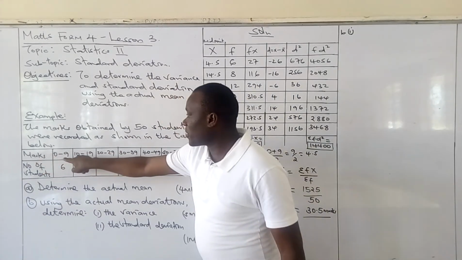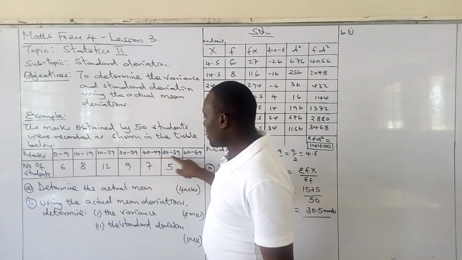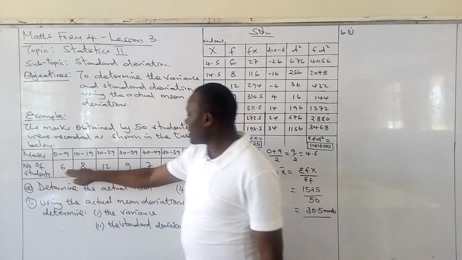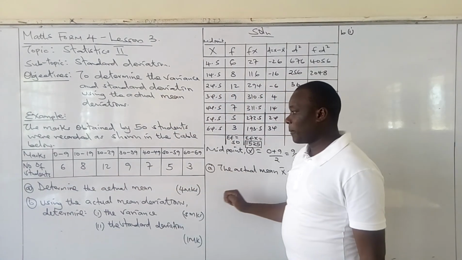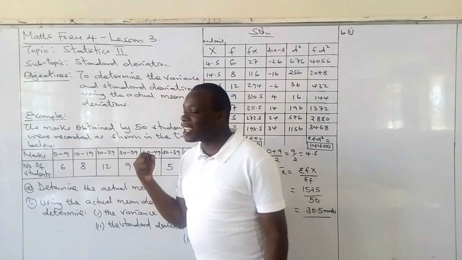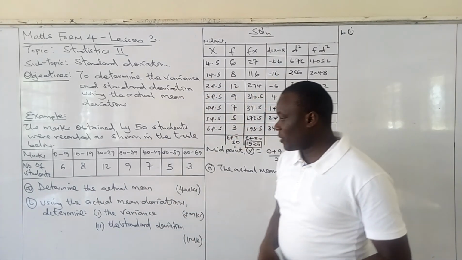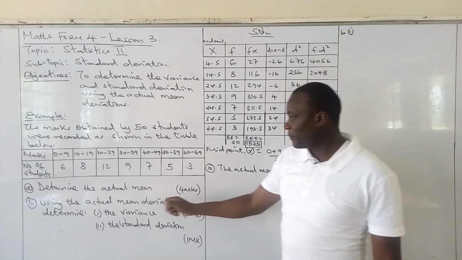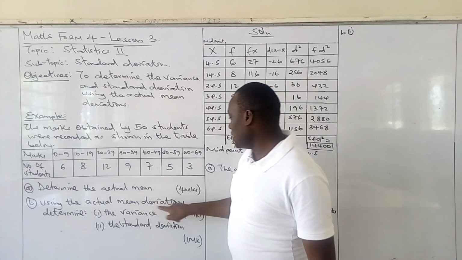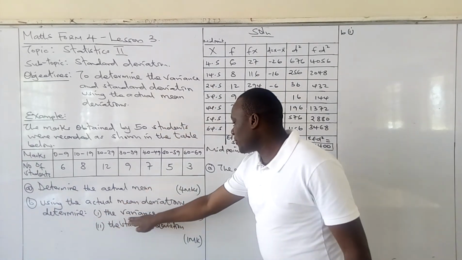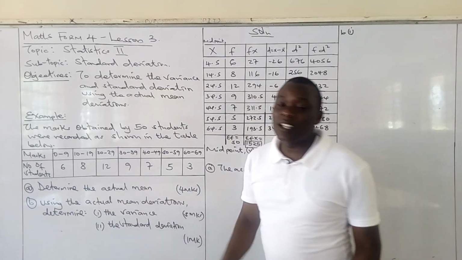We have the row for the marks representing the classes, and number of students representing the frequencies. Question number 1 is to determine the actual mean. We are supposed to find the actual mean, and then we get 4 marks. Using the actual mean deviations, we are supposed to find the variance and the standard deviation.